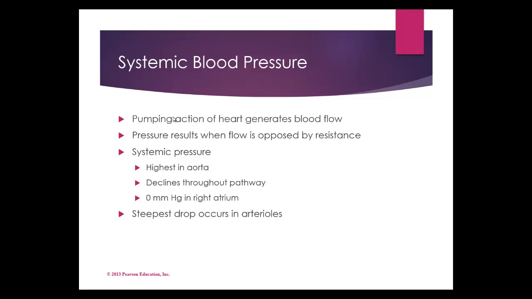Then as the heart relaxes, the pressure drops. Looking at the pressure throughout the circuit, we see it highest in the aorta, closest to the heart contracting, and it will decline throughout until we get back to the right atrium, where the superior and inferior vena cava are returning blood to the heart. There we would see zero pressure. And remember, the venous side, the veins, is where we see the lowest pressure in the circuit.